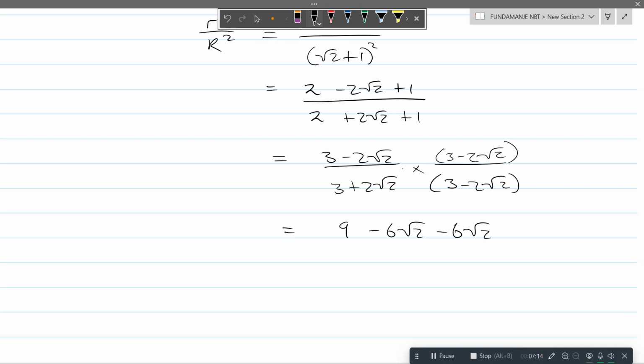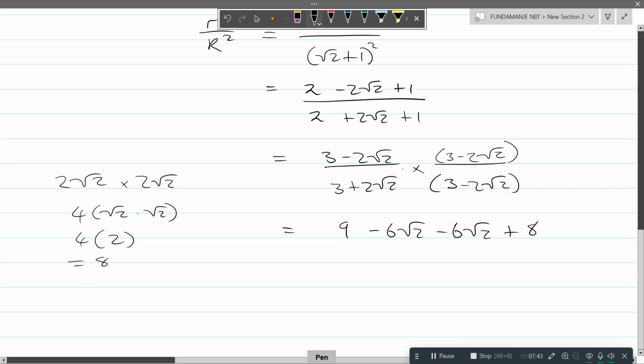Then minus 2 root 2 times minus 2 root 2, that's going to be a positive. 2 times 2 will be 4, and root 2 times root 2 gives us 2, which then gives us 8. So here we can say plus 8.